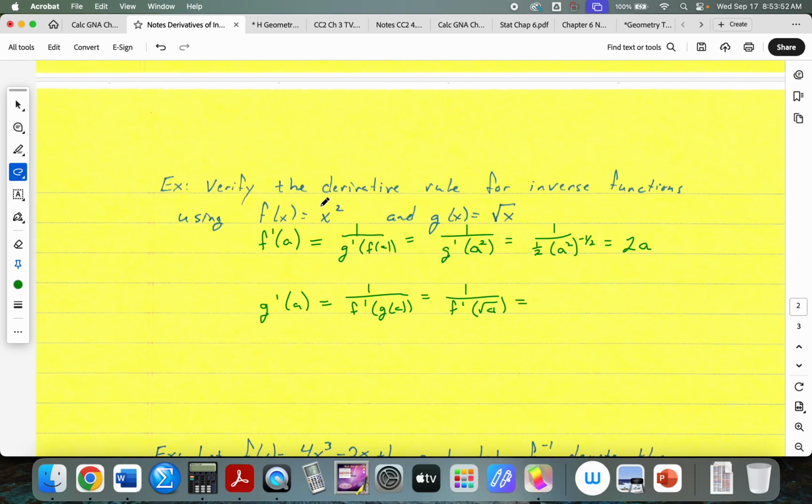Using the rule that we know for the derivative of x squared, that's going to be equal to 1 over 2 times whatever this is, so 2 square root of a, which is 1/2 a to the negative 1/2, which is what the derivative of the square root of x would be. So here we have verified that this does indeed work.